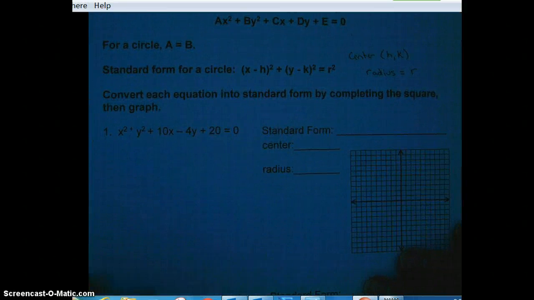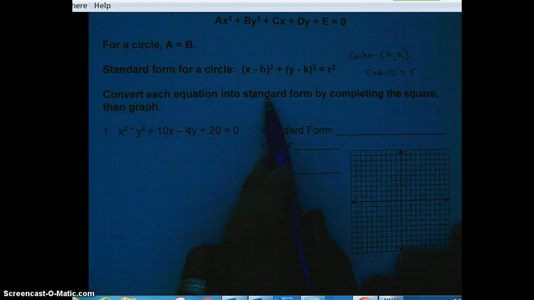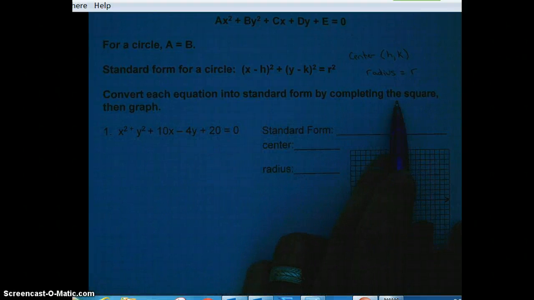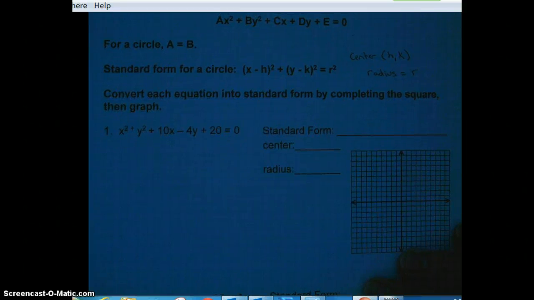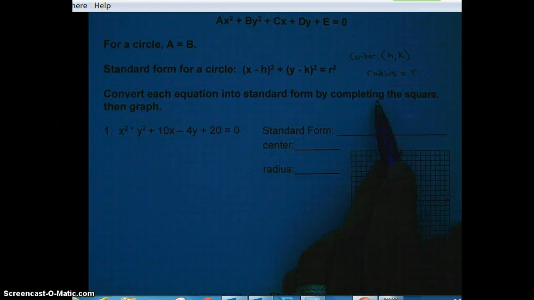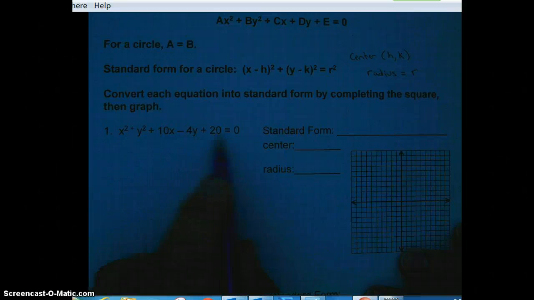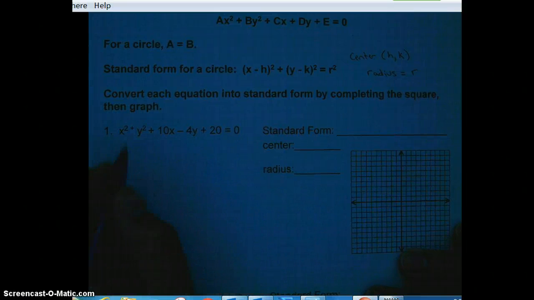It says convert each equation into standard form by completing the square. So we're going to use the skill that we just practiced to convert this to standard form. The first thing we're going to do is group our x terms together.